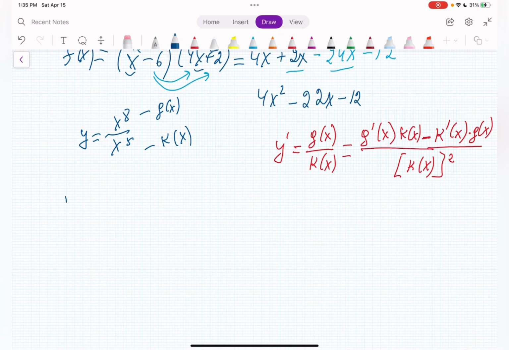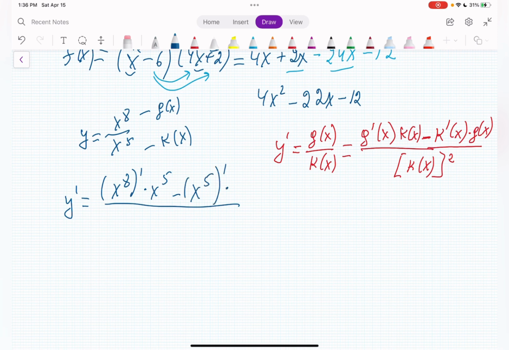So y prime is going to be equal to, I'm going slow so you can see, derivative of x to 8 times x to 5, minus derivative of x to 5 times x to 8, divided by x to 5 squared.